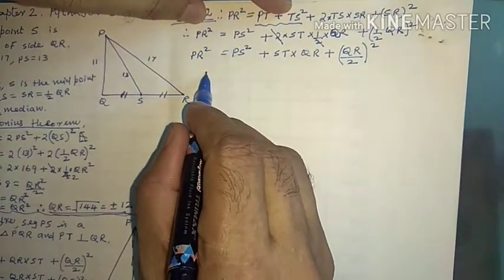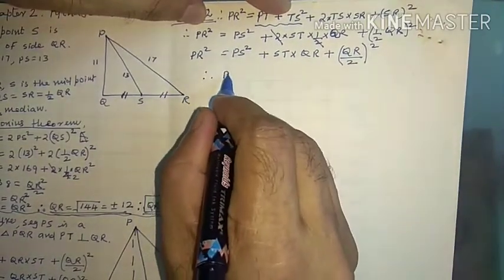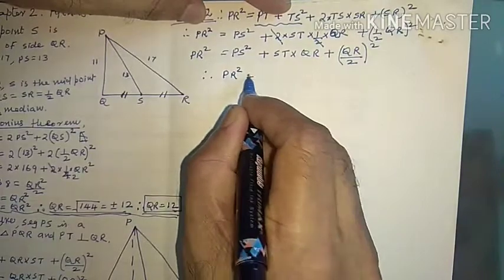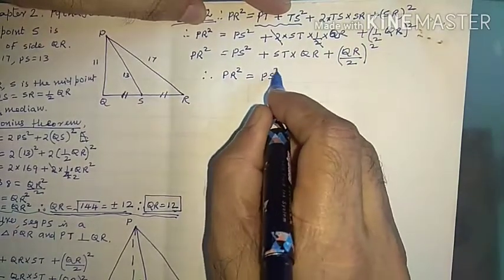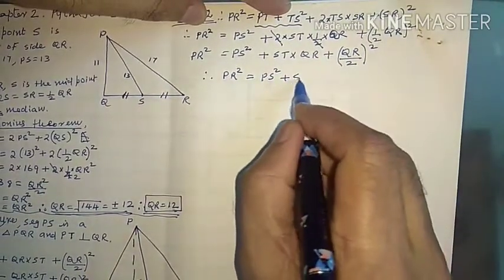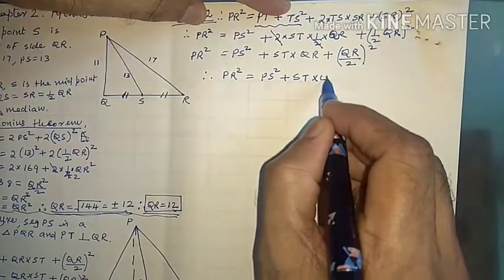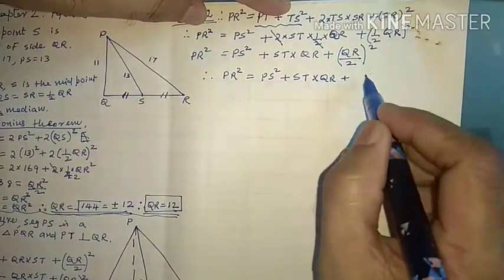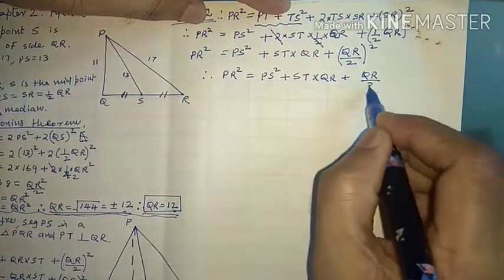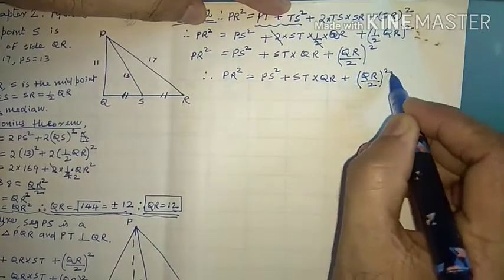So we conclude the first theorem here. First idea what they are telling us to prove is here. So PR square is equal to PS square plus ST into QR plus QR upon 2 the whole square.